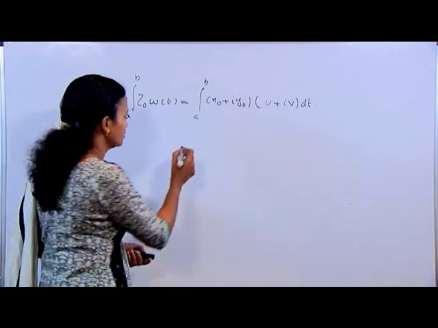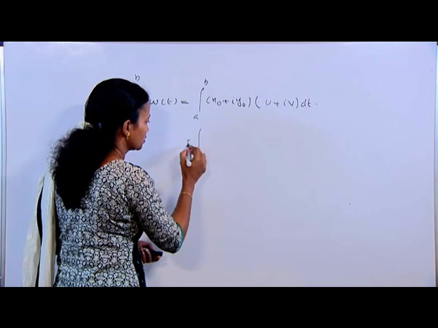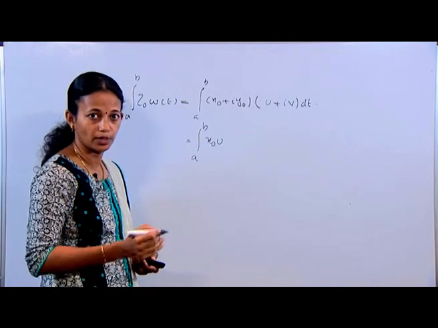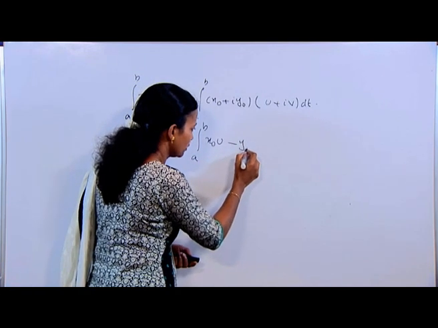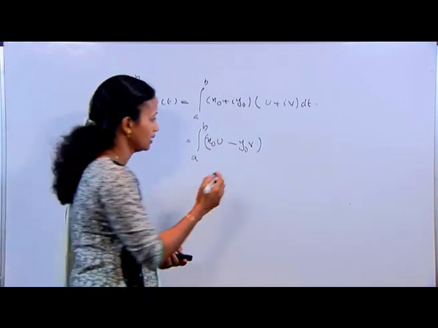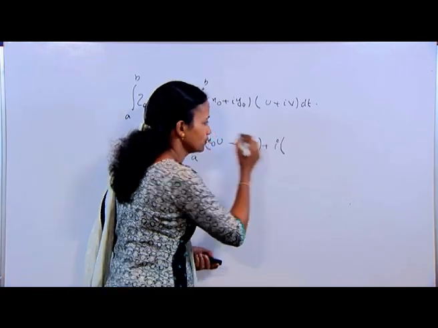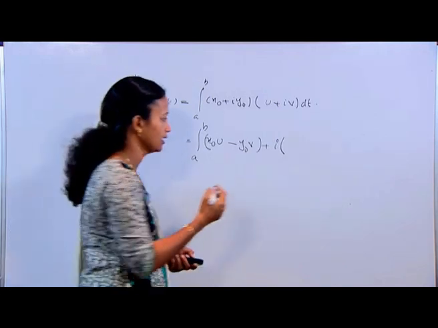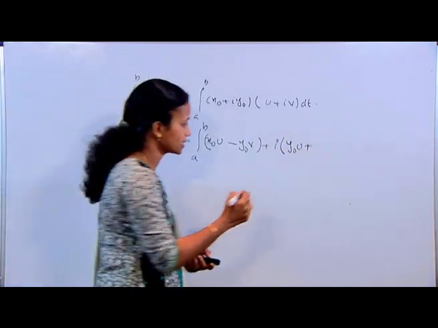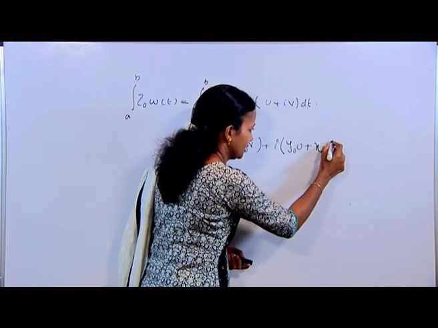This is equal to, by mere multiplication, the integral from a to b of (x naught u minus y naught v), that is, collecting terms without i together, plus i into, next we have the i terms together, (y naught u plus x naught v) dt.